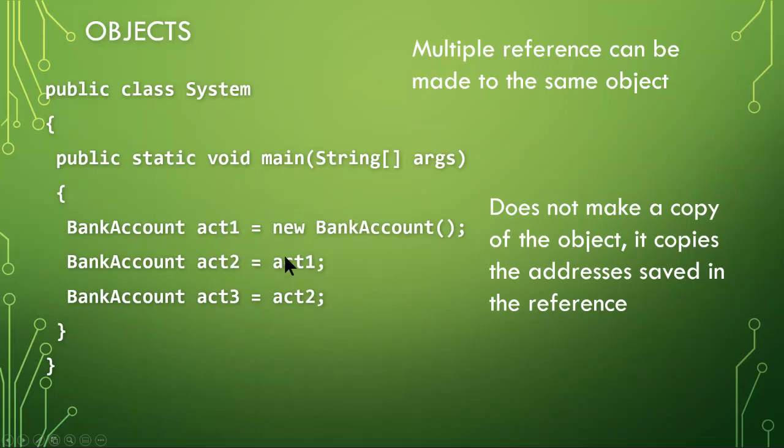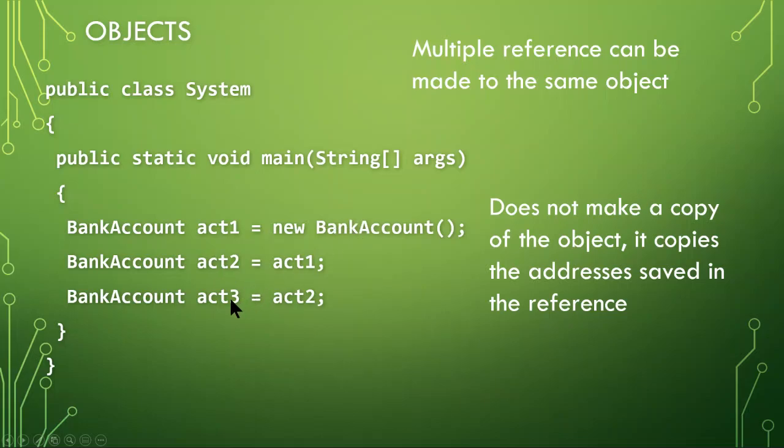Now after this, you can see I'm going act2 equals act1. There's no dot, so I'm not saying go to the object that we created here. Instead it says copy the address that's stored in here over to act2. So what we will get after this line is that act2 is also referencing this exact same object. So anytime I go act1 dot, it'll go here to make the change, and act2 dot, it'll go here to make the change to the object that was created.